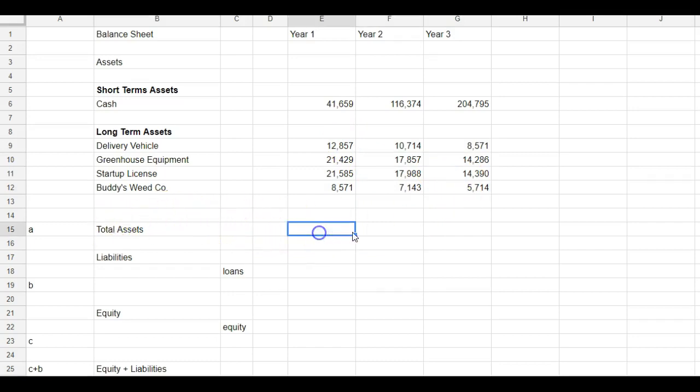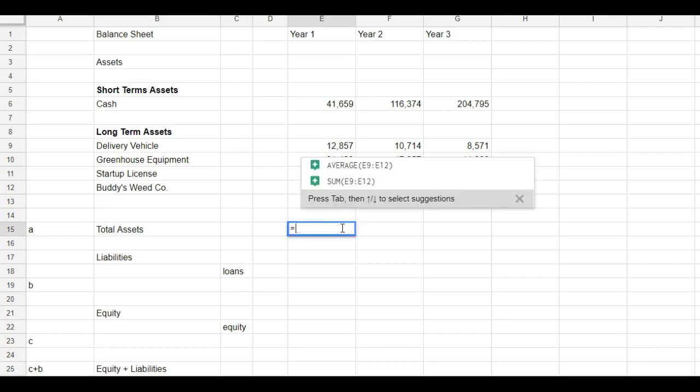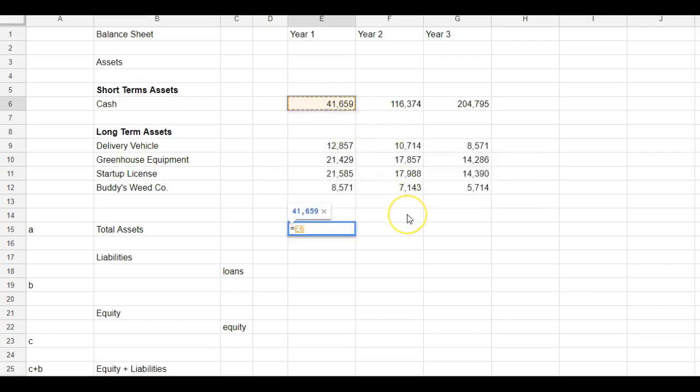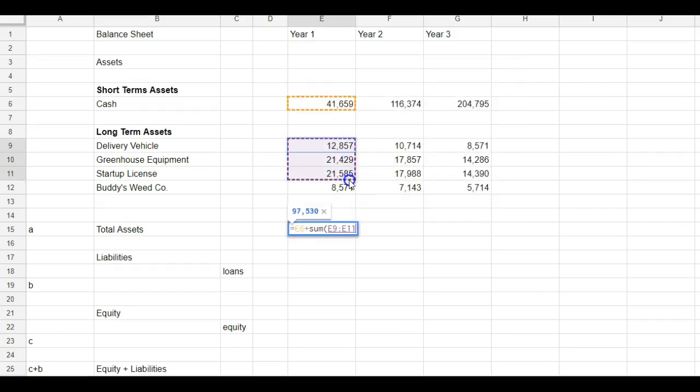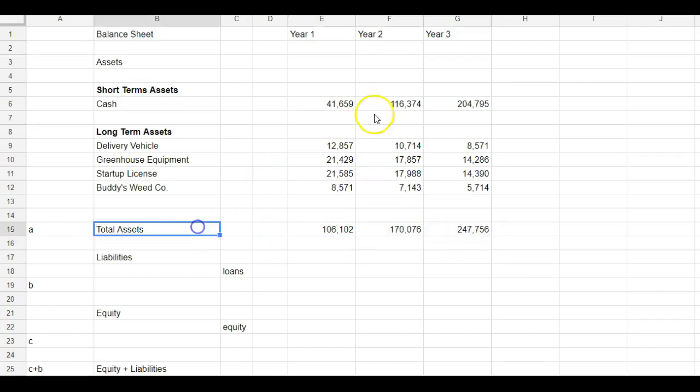Our total assets is the cash plus, and I'll do a sum here of these guys. That's kind of what it is, right? There's my total assets, right? I could actually do this differently. I could do total long-term assets.